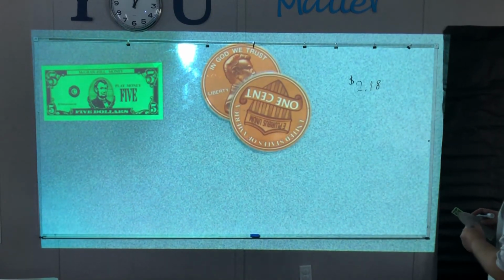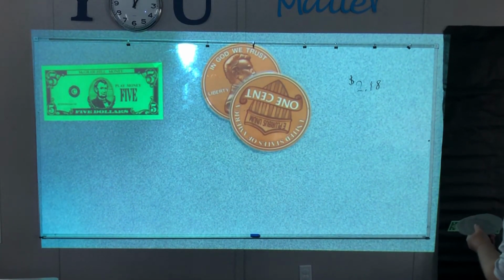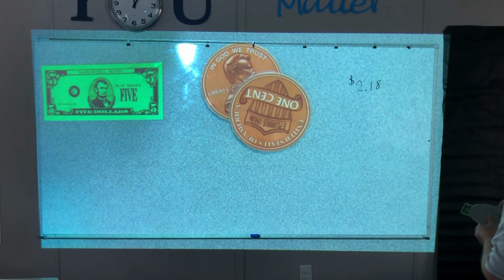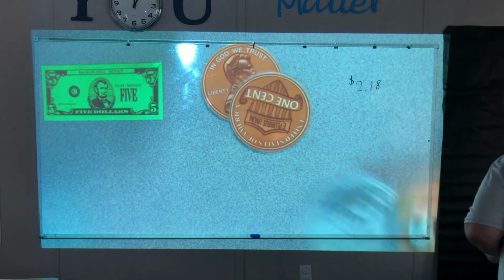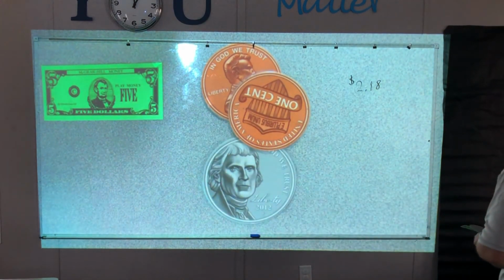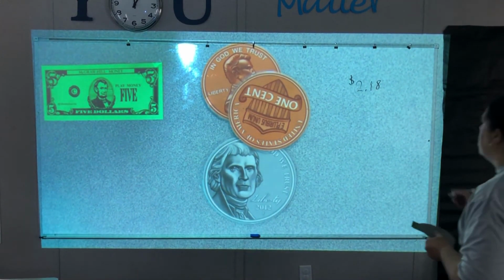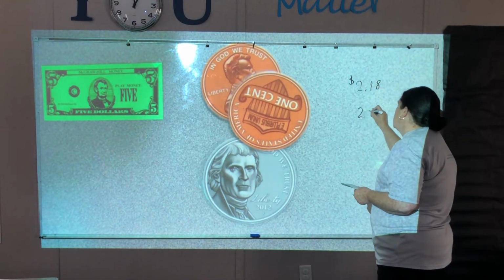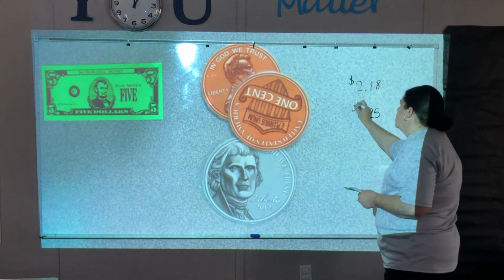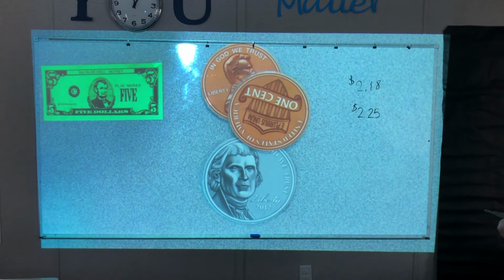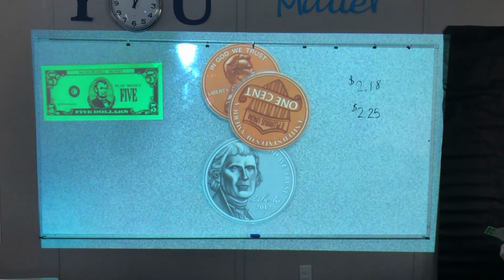What can we use, the smallest denomination, to get to the best number? 20 cents. We can use a nickel, very good, to give us 25 cents. Now we're at $2.25. Okay? Now, think about 25 cents.